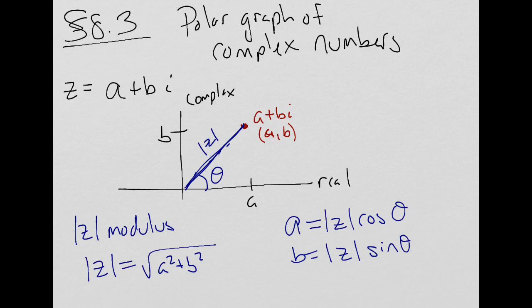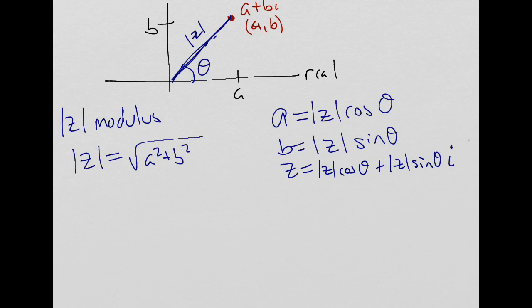But then I could rewrite these as z equals modulus of z cosine of theta plus the modulus of z sine of theta times i. You'll see this written sometimes too with the i out on the other side and the modulus factored out: cosine of theta plus i sine of theta.